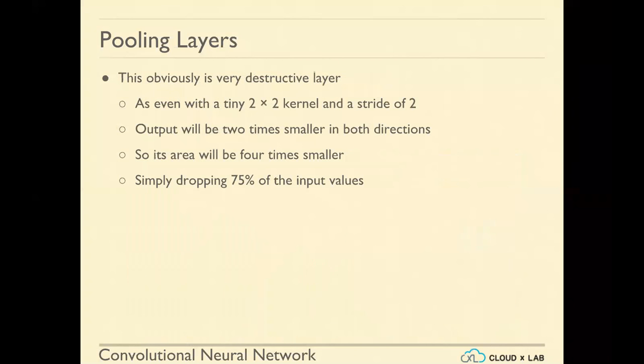Pooling layers are very destructive layers, as even with a 2 by 2 kernel and a stride of 2, the output will be 2 times smaller in both directions. So the area will be 4 times smaller, that is 25%, and hence we are dropping around 75% of the input values.